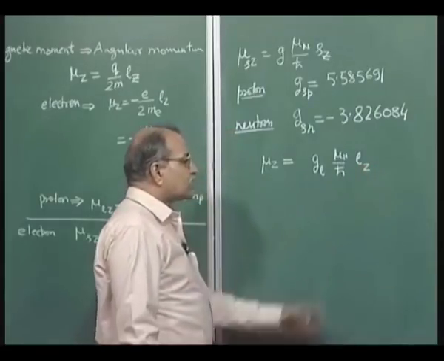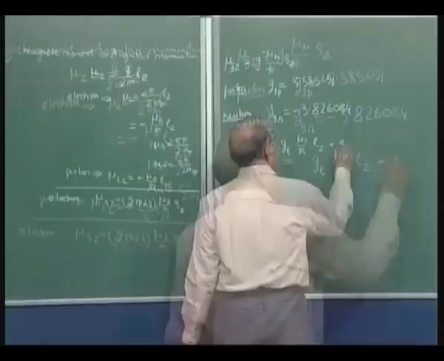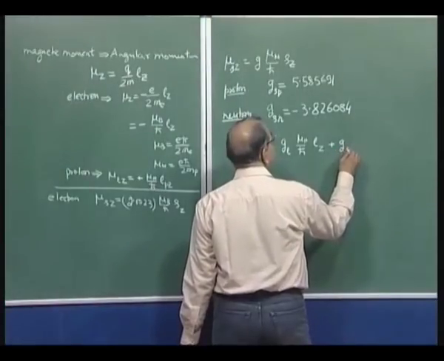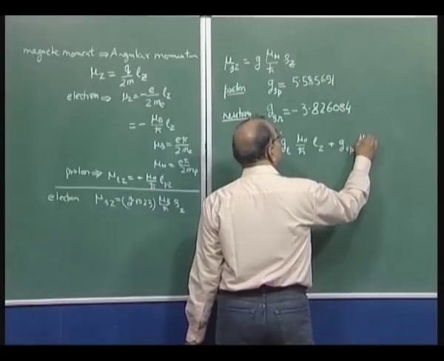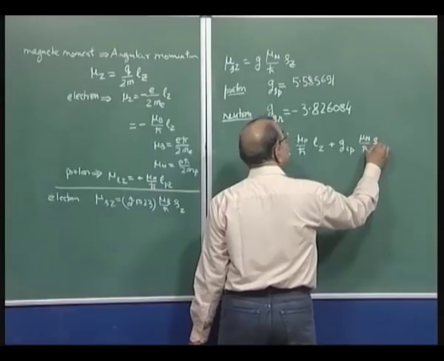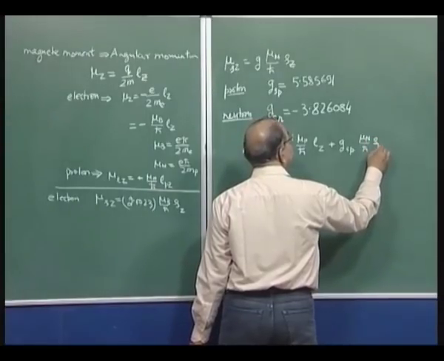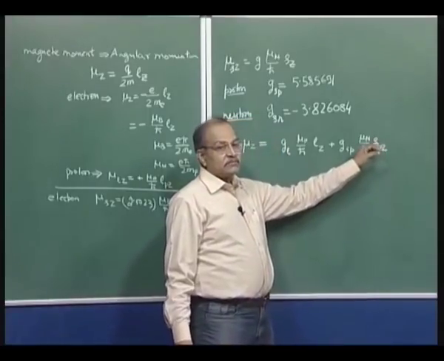This is the part coming from orbital angular momentum, and then you have g_sp, proton, and mu_N over h cross times S_pz, S_z of proton, p is for proton.